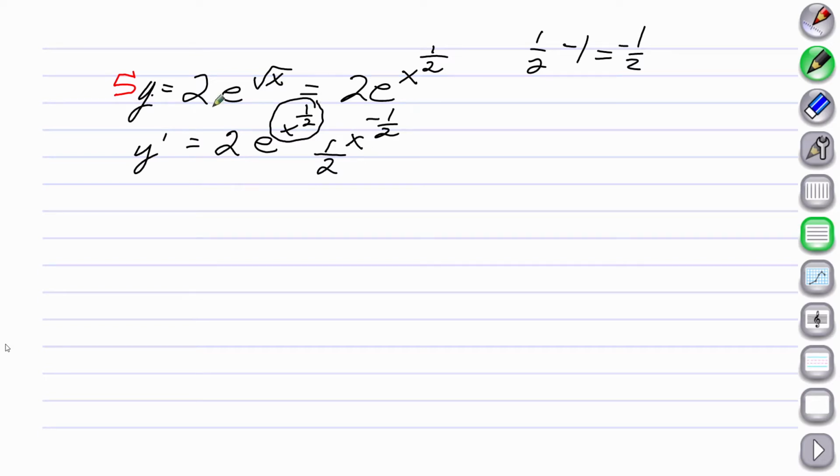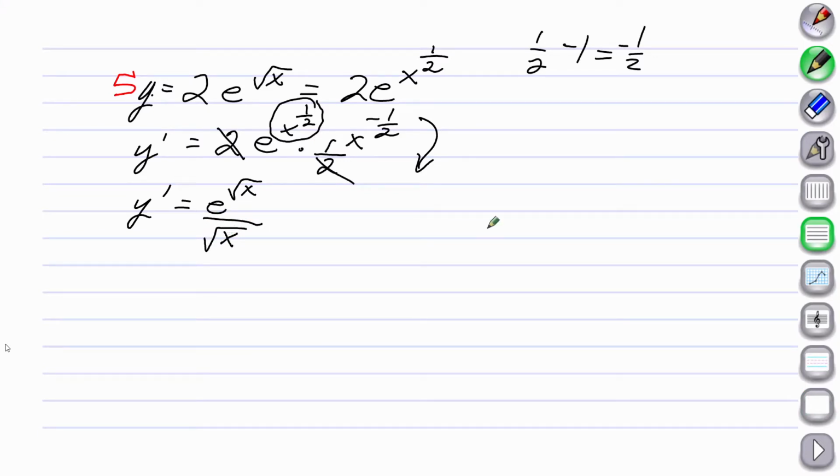We can see that this 2 and this 2 on the bottom can cancel out because this is just a times problem. So y prime is equal to e to the square root of x, going back to that, over x to the negative 1/2. We can bring that back down, and that would be over the square root of x.